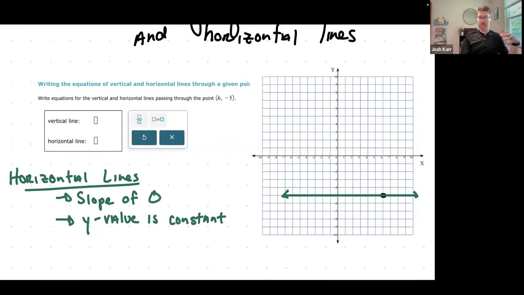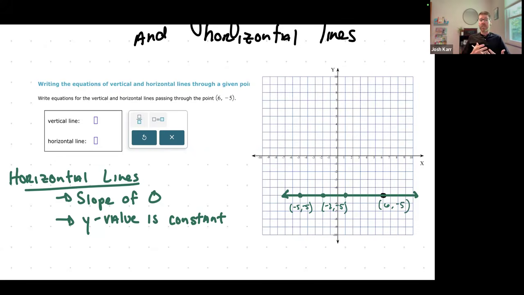And that's the case here with this one, right? We've drawn a line, and every single point on this line has a y value of -5. Every point is down 5. So we have -5, -5. We have -2, -5. We have the one we started with, 6, -5.